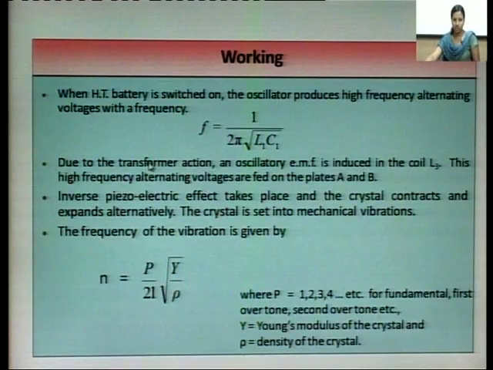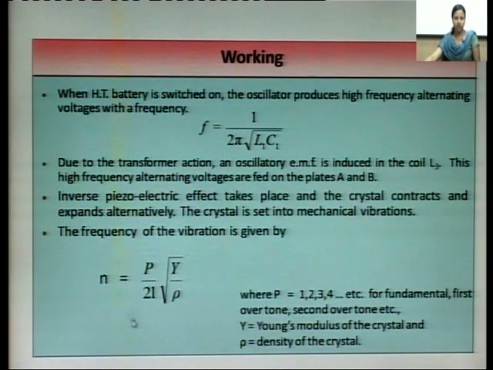Due to transformer action, an oscillatory EMF is induced in the coil L3. This high frequency alternating voltage is fed to the plates A and B. The inverse piezoelectric effect takes place and the crystal contracts and expands alternately. The crystal is set into mechanical vibrations.